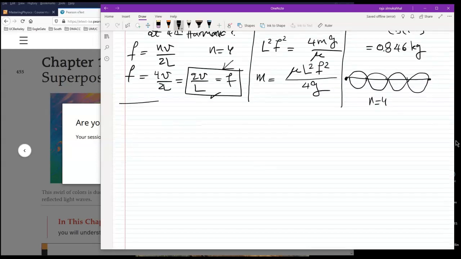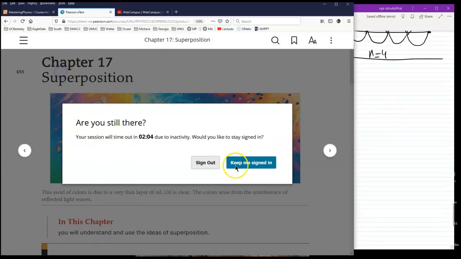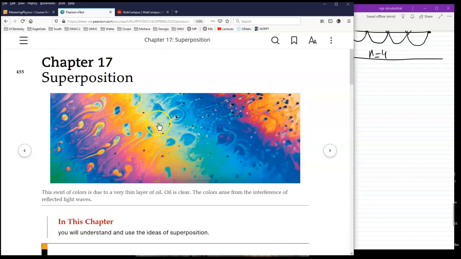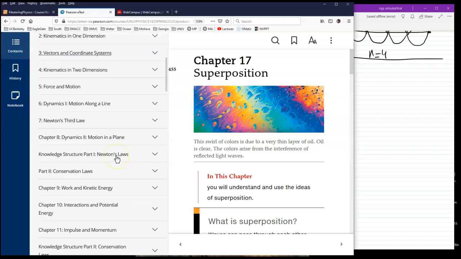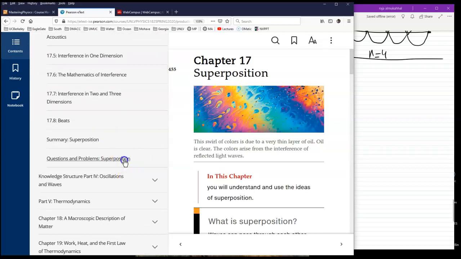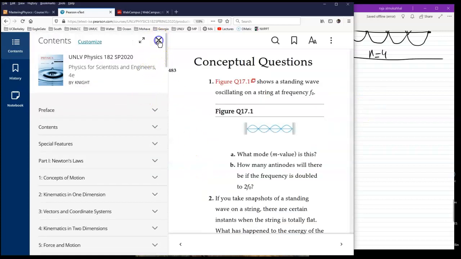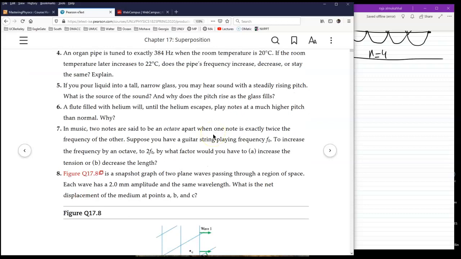Maybe I should show it to you on the book here. Is it working? Okay. I'll show you the picture. We are in chapter 17, and it's number 48.